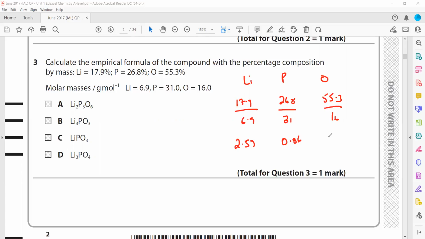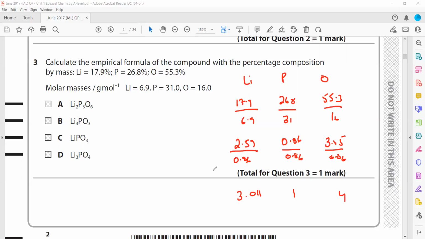Then divide by the smallest value, which is 0.86. So 2.59 divided by 0.86. This is 3.011. This will be 3. Then 0.86 divided by 0.86 will be 1. And 3.45 divided by 0.86 is equal to 4.